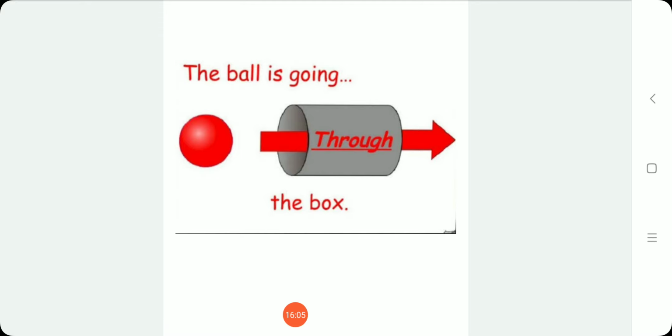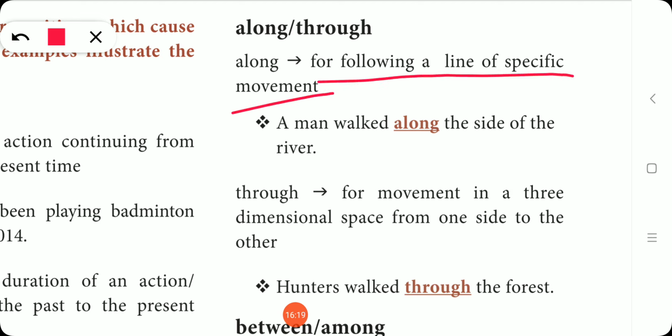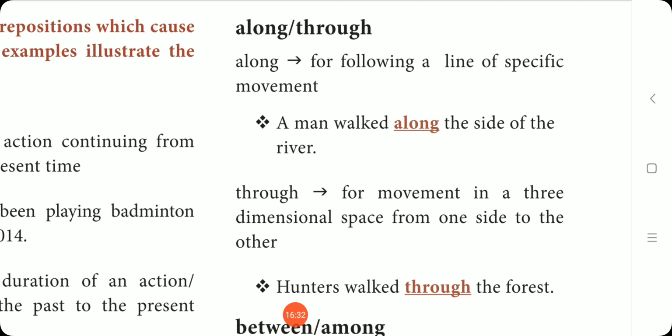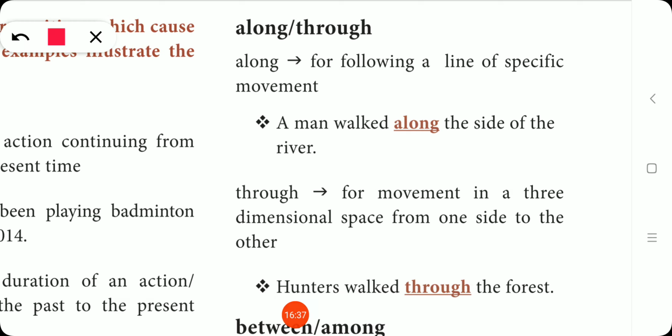Now, to come to your book again. What they have given here is: along is used for following a line of specific movement. A man walked along the side of the river. So if this is the river, a man is walking along the side of the river. Through is for movement in a three-dimensional space from one side to the other.